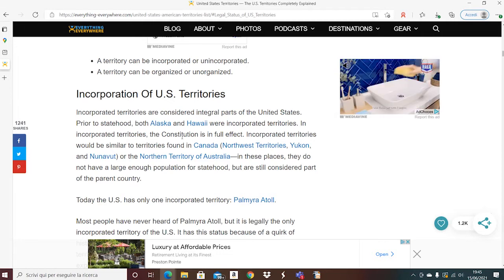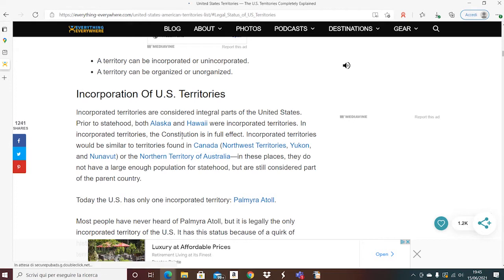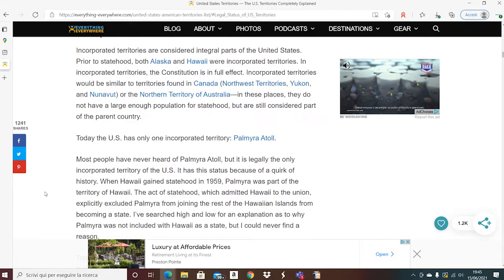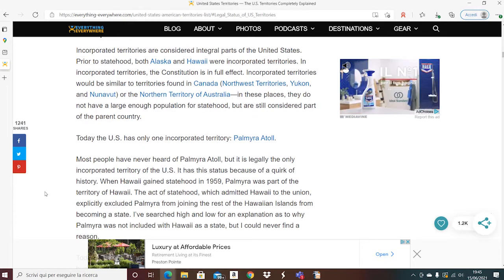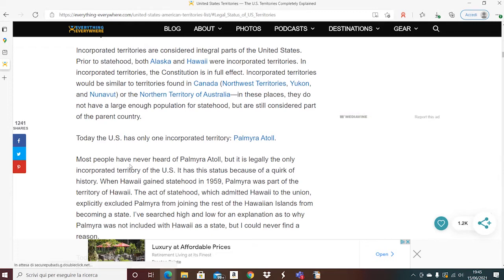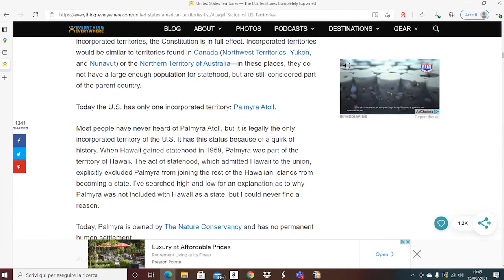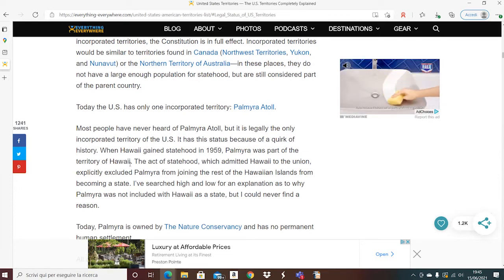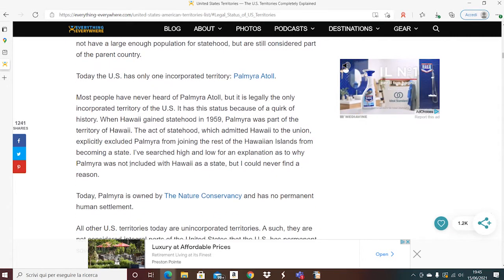In these places, they do not have a large enough population for statehood, but are still considered part of the parent country. Today, the US has only one incorporated territory, Palmyra Atoll. Most people have never heard of Palmyra Atoll, but it's legally the only incorporated territory of the US.